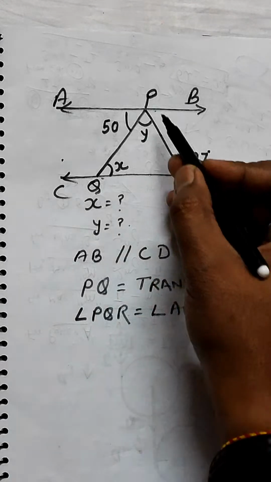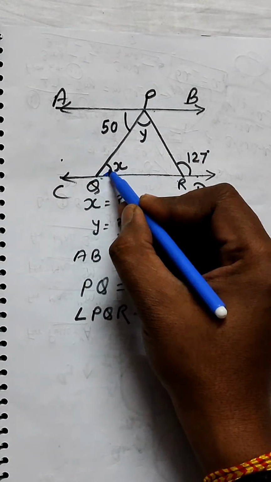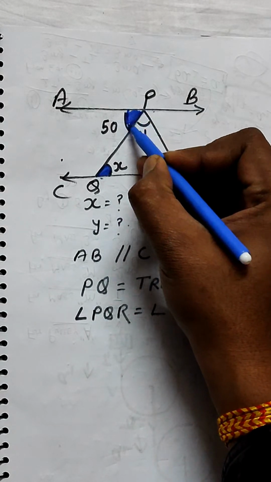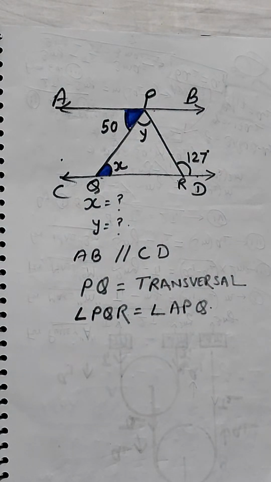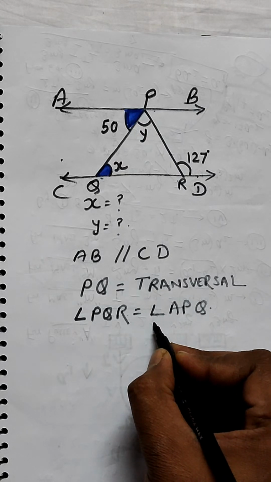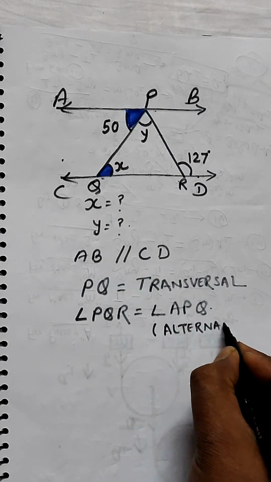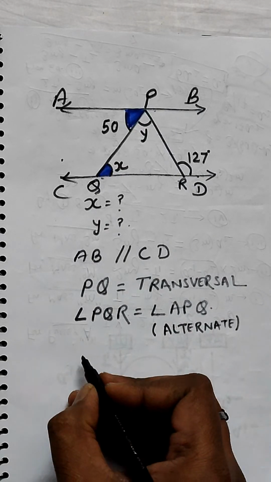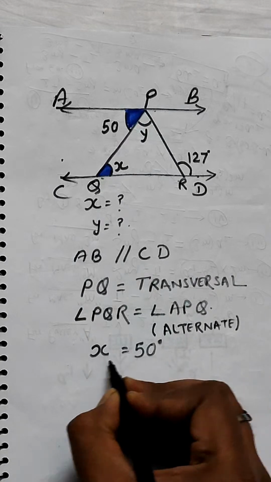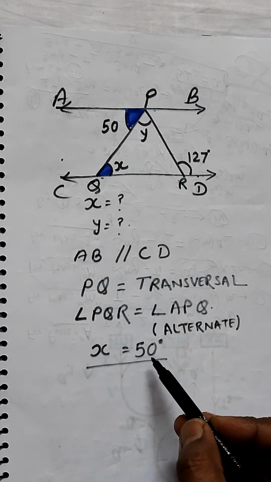How? This angle will be equal to this angle, right? Why? These are alternate angles. Then angle x is equal to 50 degree, isn't it? Then x is calculated as equal to 50 degree.